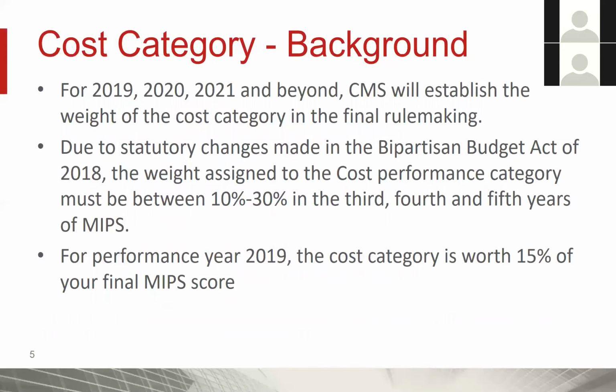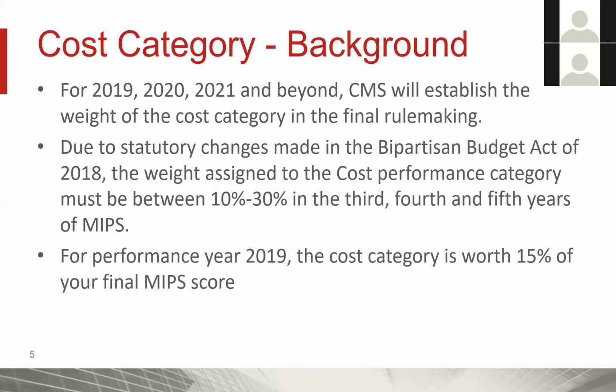For performance years 2019, 2020, 2021, and beyond, CMS will establish the weight of the cost category in final rulemaking. So for this performance year, the cost category is worth 10%, but that may increase in future reporting years.